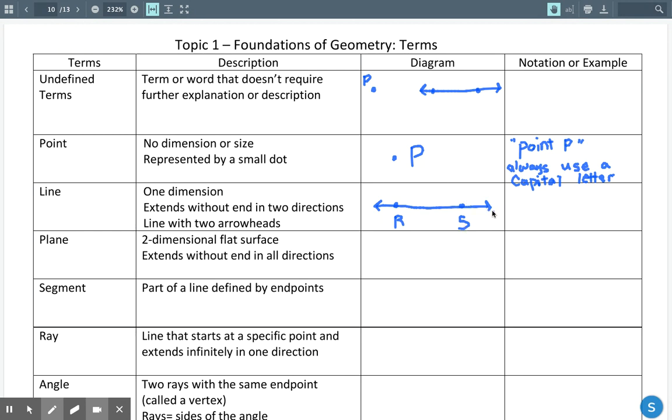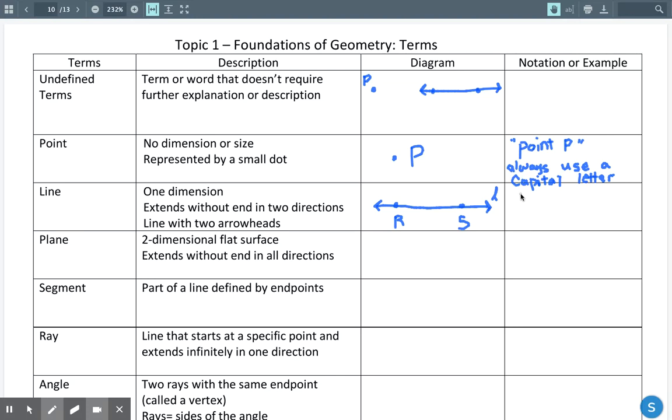And then we usually label our lines with a cursive lowercase letter. I know you guys are thinking like, oh, cursive, we never learned that. It's okay, don't worry. So that's a cursive L sometimes we'll use, or a cursive M or N sometimes we'll use.